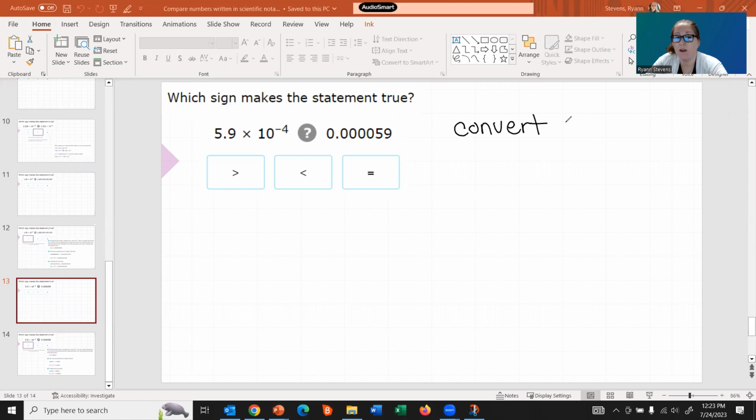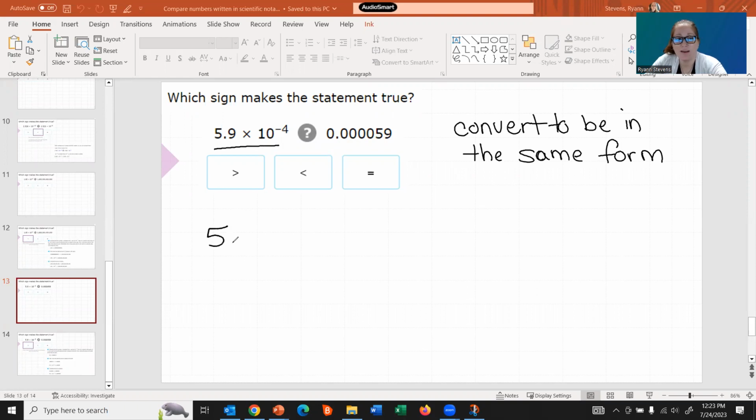So we need to convert to be in the same form. So we're going to take one of those numbers and convert it so that it matches. So again, I'm going to convert this one to standard form.